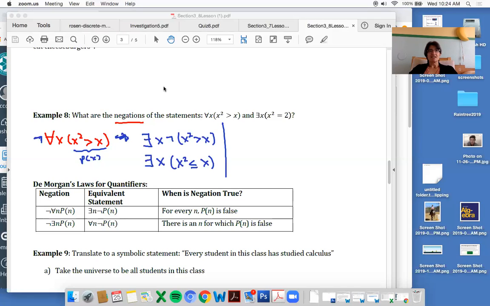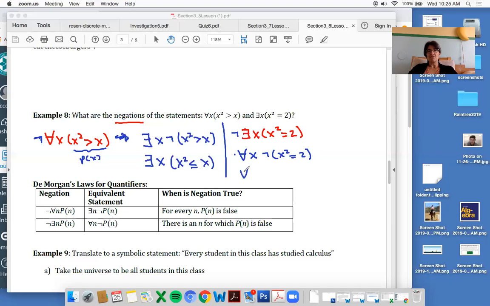All right, so let's look at this statement here. This says there exists x for which x squared equals 2. Okay, so this would be true if x is real. It would not be true if x was an integer, right? But let's negate this. So if I put a negation in front, this will turn into universal x, negation of my proposition.